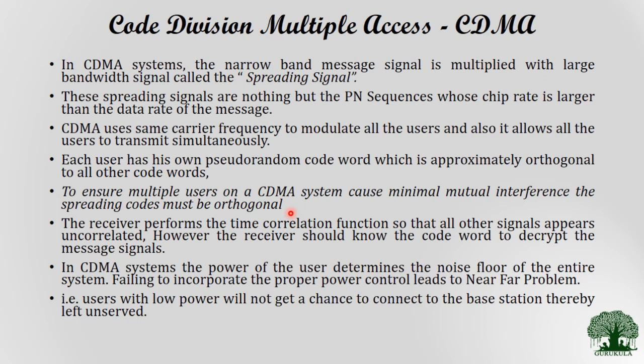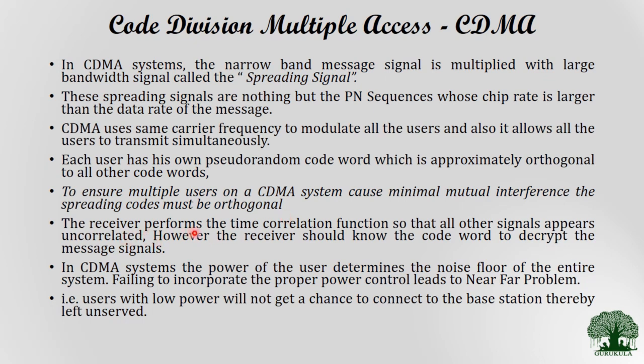So it is mandatory to have orthogonal codes in the system. Code A and code B should be orthogonal to each other, and no matter how many codes we are using, we should have orthogonality among the codes that we use for transmission and receiving purposes.